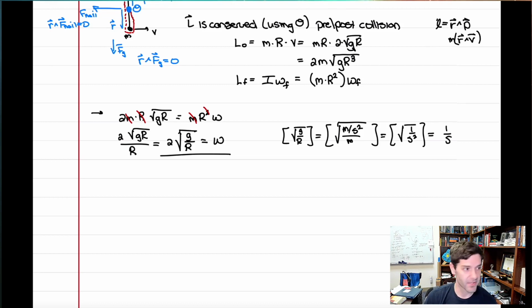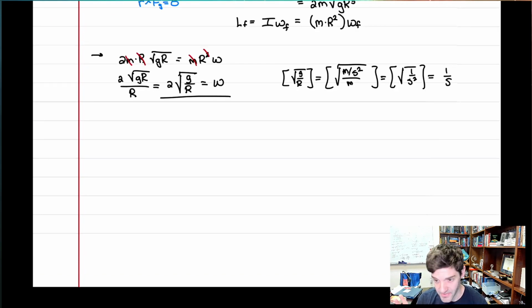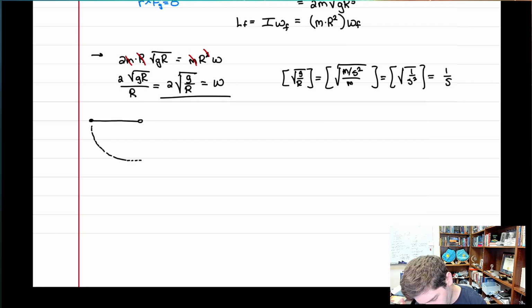Now, let me quickly point out something, a common pitfall I feel that happens when you do this particular problem. I know I definitely made this mistake when I did the problem earlier, of how you could inappropriately use angular momentum conservation.